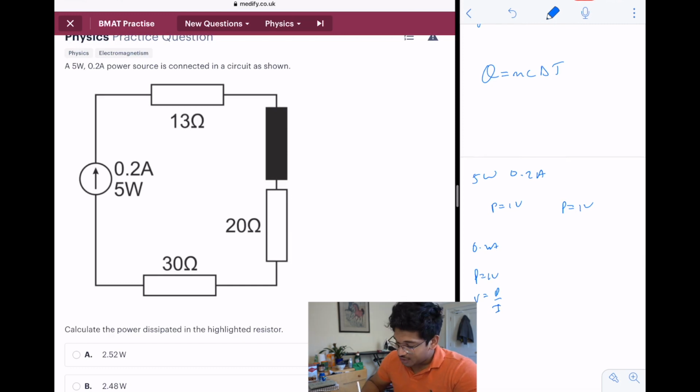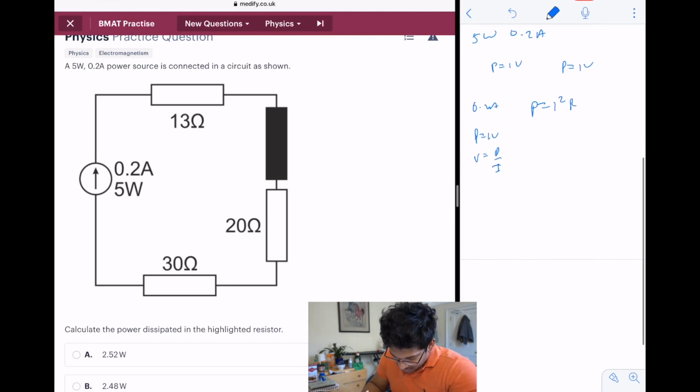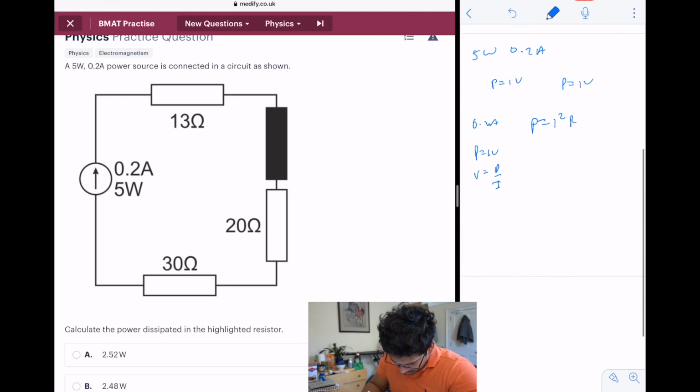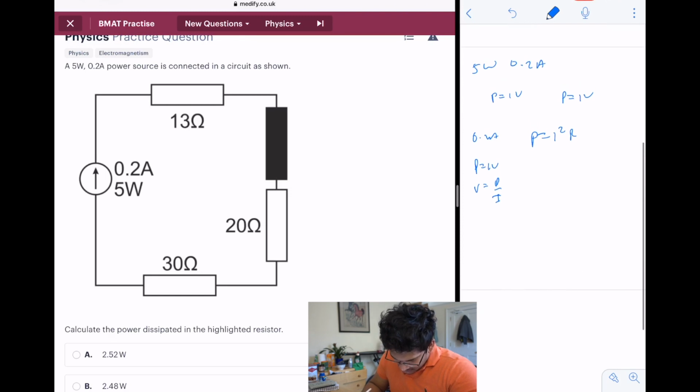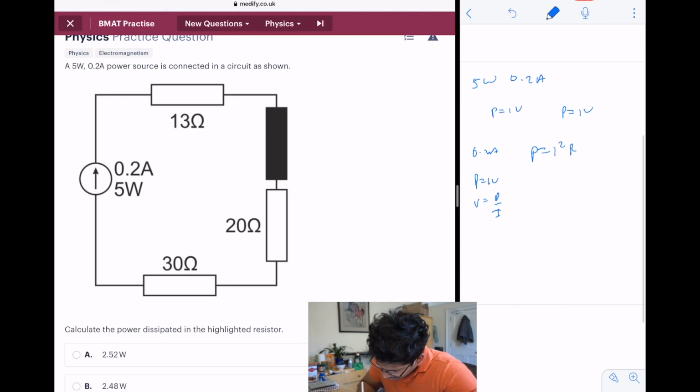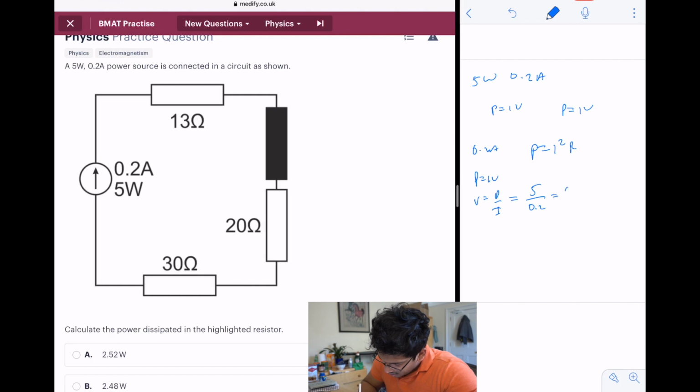Do you know why? Because I can use P equals I squared R. So I need to work out the resistance of this. To work out the resistance, again, I need to work out the voltage of the circuit. So P equals IV, so V equals P over I, which is equal to 5 watts over 0.2, which is equal to 25 volts. Great.